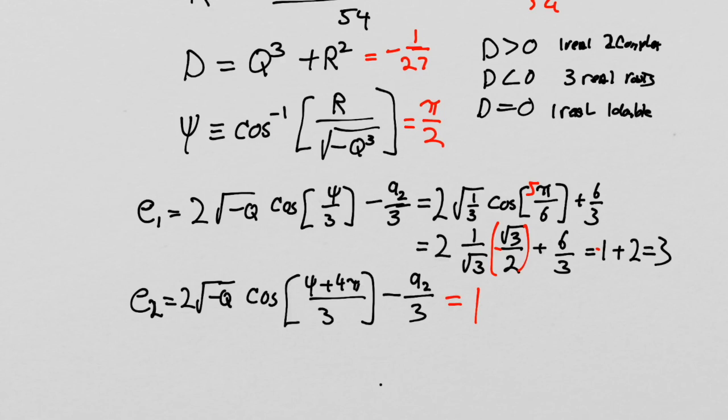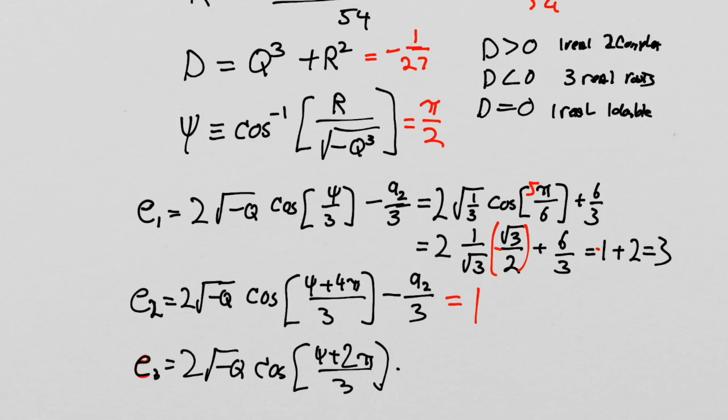And the last one of these, E3, is going to be 2 times the square root of minus q, and then it's the cosine of psi plus 2 pi over 3 minus a2 over 3.